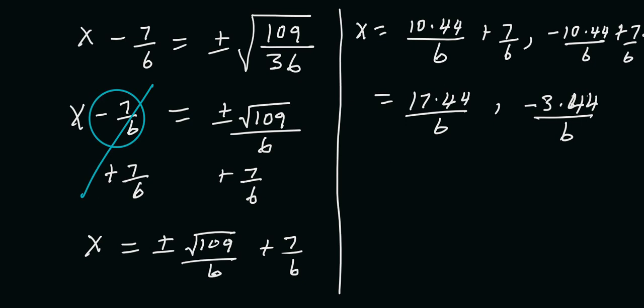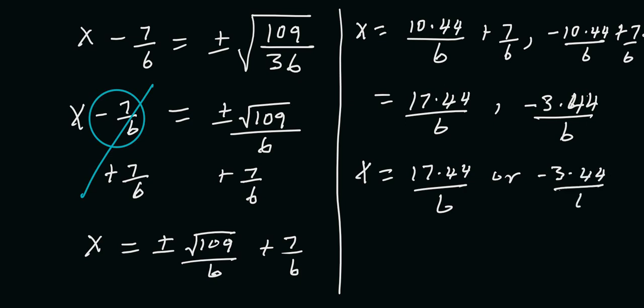So these are the two answers, which are x is equal to 17.44 over 6 or negative 3.44 over 6.